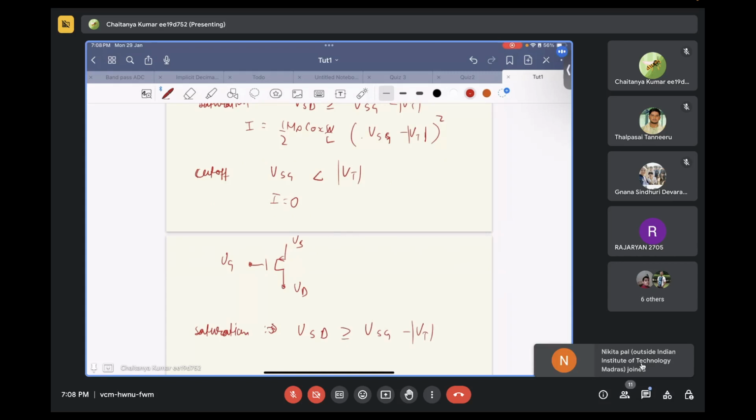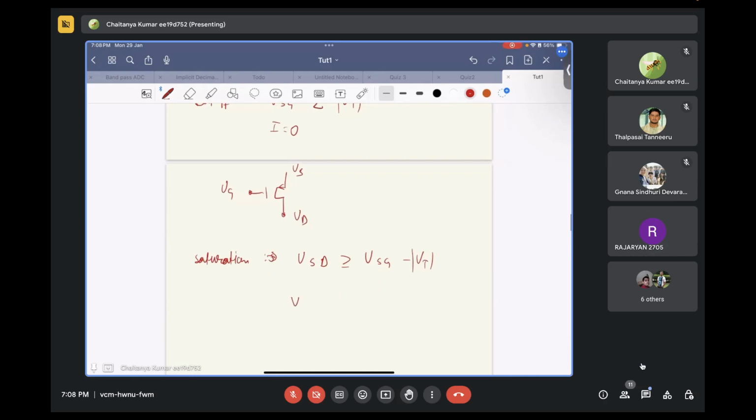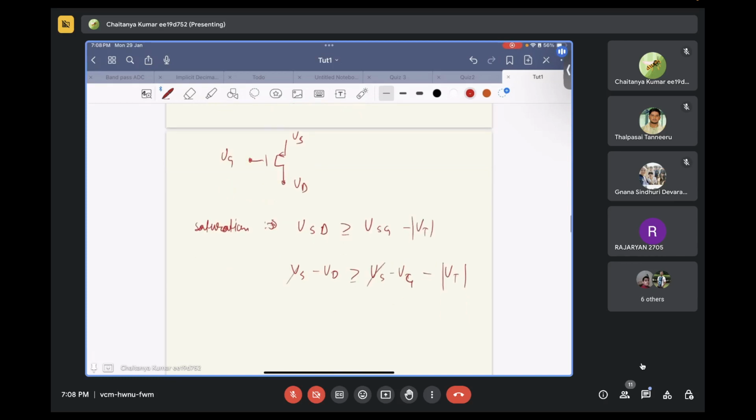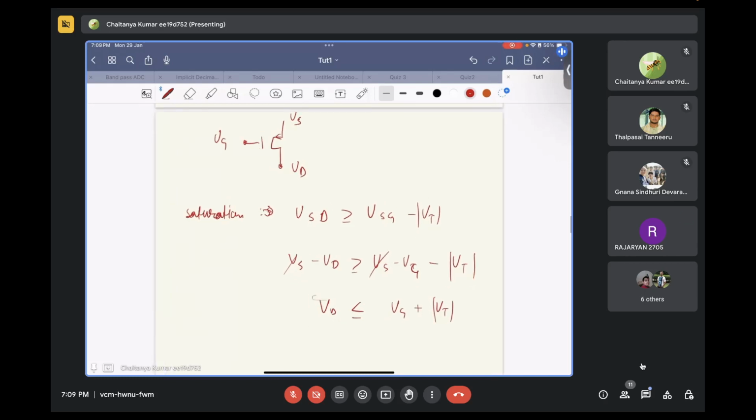Here if you see, Vs minus Vd must be greater than or equal to Vs minus Vg minus modulus of Vt. So Vs and Vs are going to cancel, and if you reverse the sign, then Vd should be less than or equal to Vg plus modulus of Vt. This is what you get. Do you guys follow?